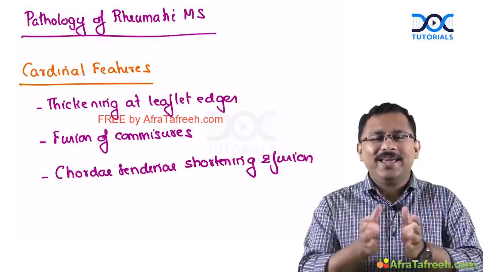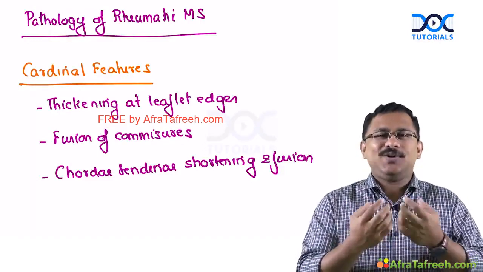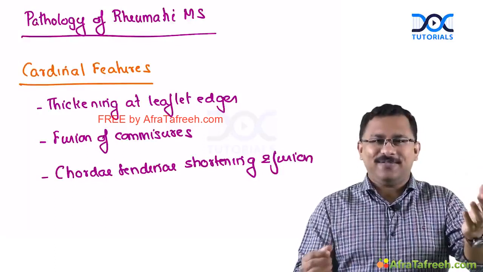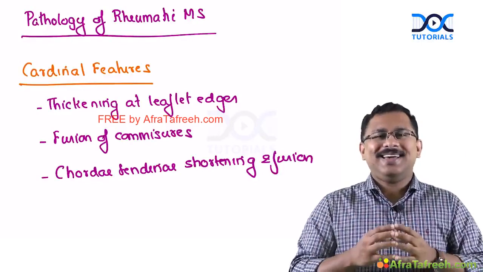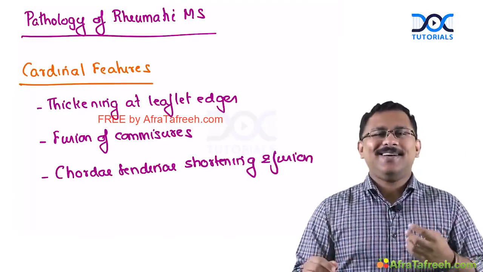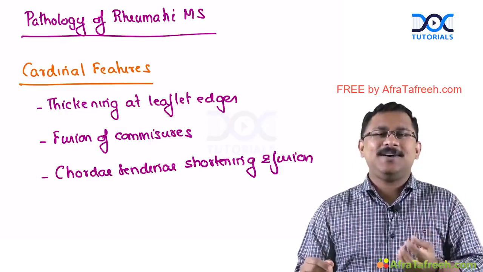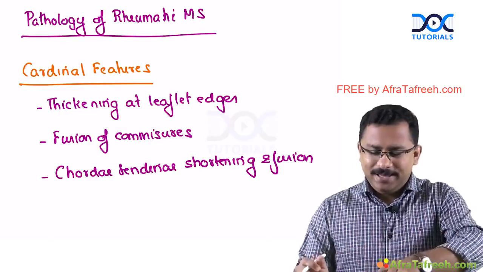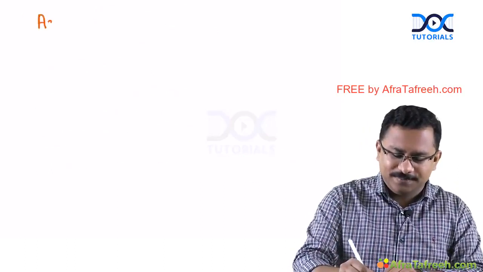Going a bit more into the depth. See, the disease process actually begins with an acute rheumatic fever, correct? So let's see what happens during acute rheumatic fever and what are the changes that happen as the disease progresses.